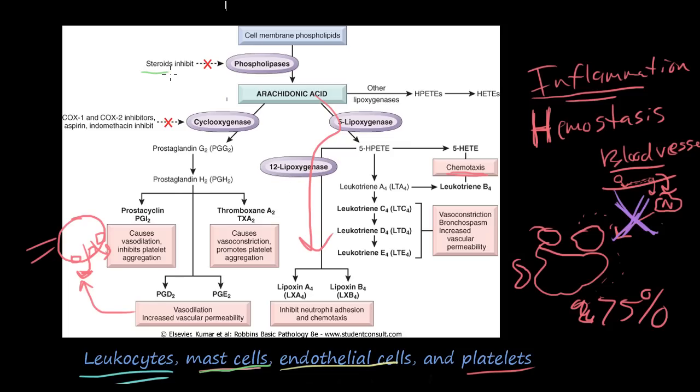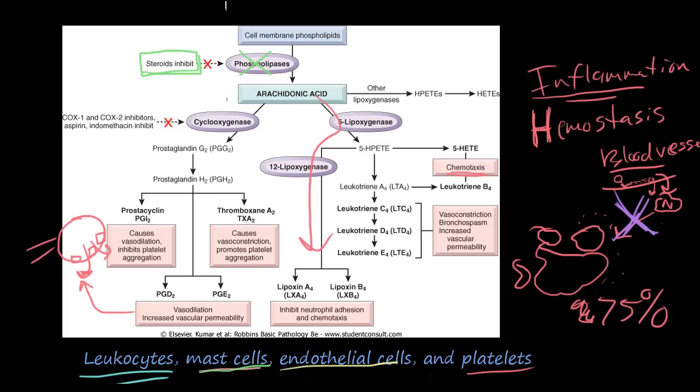But there are certain steroid drugs that inhibit these phospholipases. These drugs take out this phospholipase, so it can't convert the cell membrane phospholipids to arachidonic acid, so these pathways won't happen.